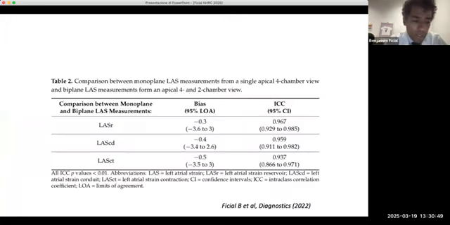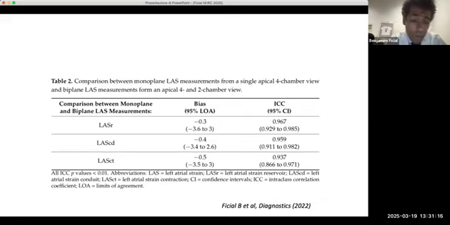We then compared biplane left atrial strain obtained from both the four-chamber and two-chamber view with monoplane left atrial strain obtained only from the four-chamber view. At least in our cohort of neonates, we found an excellent agreement between biplane and monoplane left atrial strain.